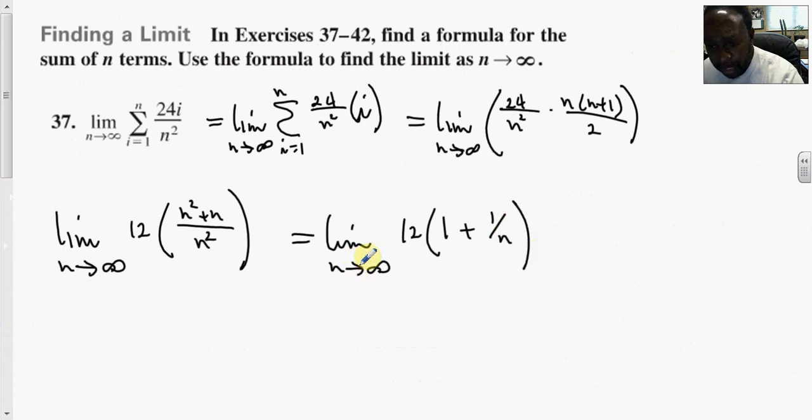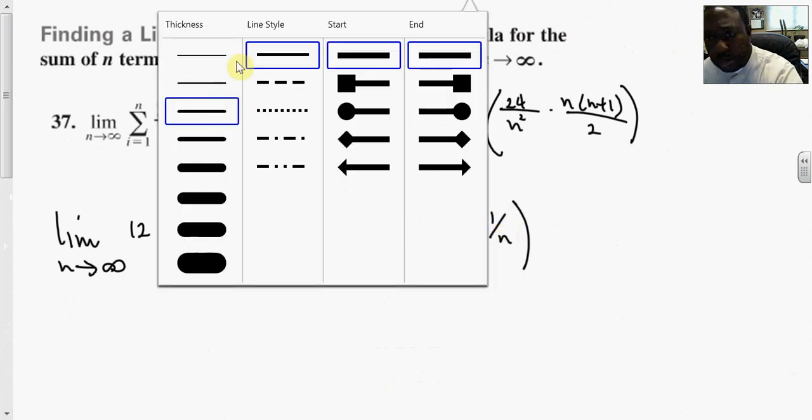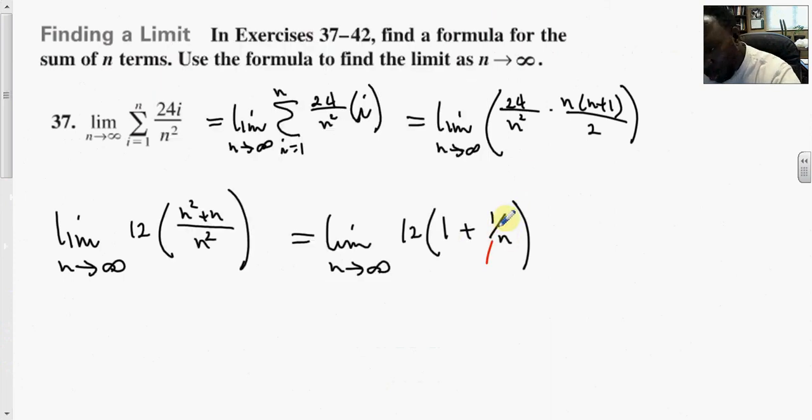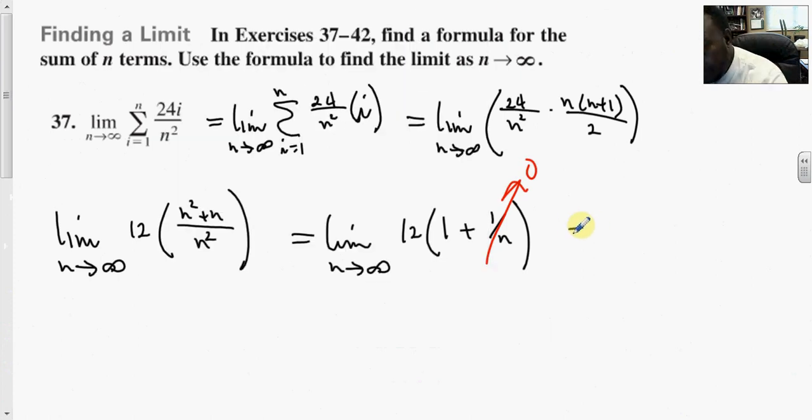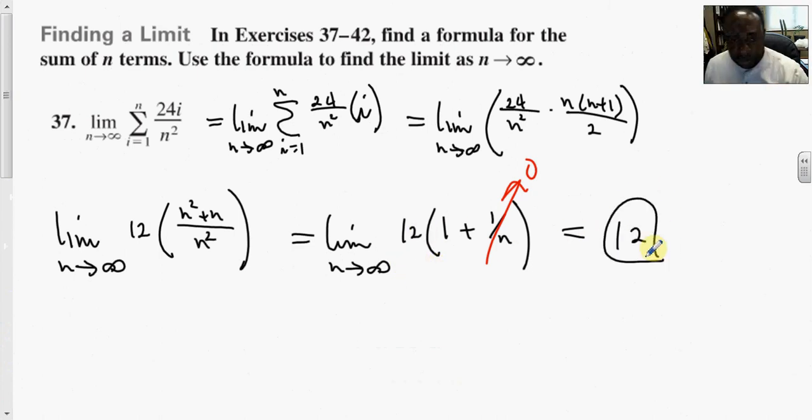Now, the limit of a constant is a constant, and the limit of 1 over n is 0. So this part here is 0. So we have left the limit of a constant, which is the constant 12, and that's the result.